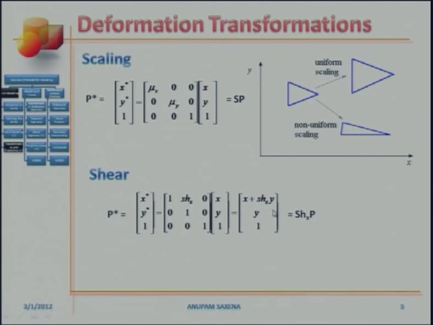Realize what has happened to the new x coordinate. It has, of course, altered to a new value x plus sh sub x times y. The y coordinate, however, remained the same.